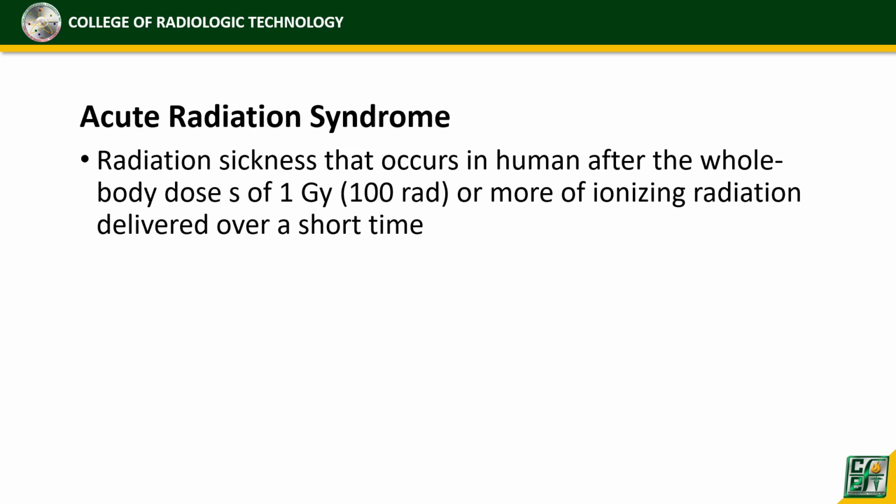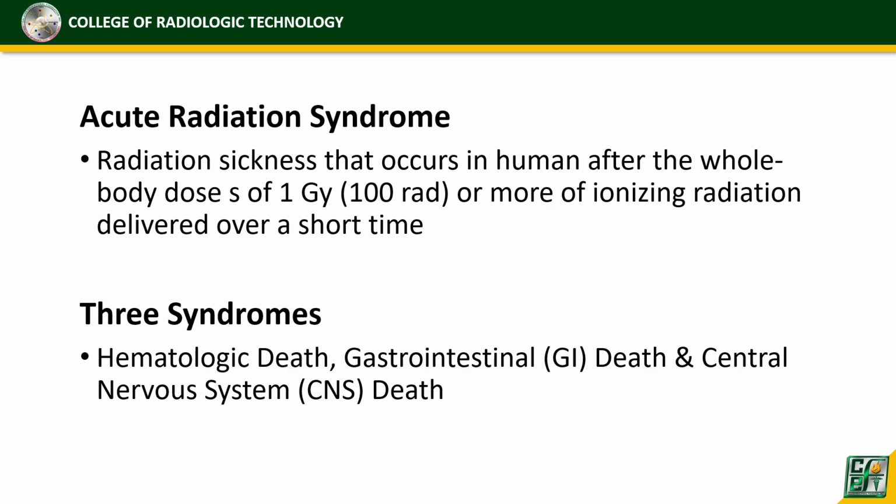Isang single na exposure lang. Ibig sabihin niyang over a short period of time, continuous yung kanyang exposure sa radiation. Okay, so under the ARS, we have three syndromes. The hematologic death syndrome, the gastrointestinal death syndrome, and the central nervous system syndrome.